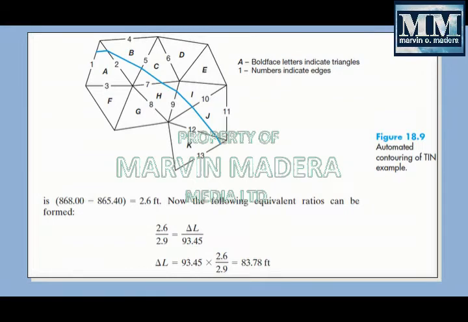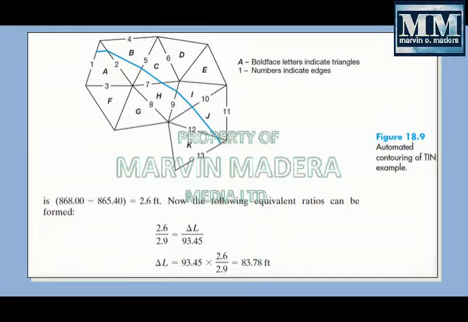automated contouring of a TIN. At the points where the edges of the triangle are, the elevation is given in the data.